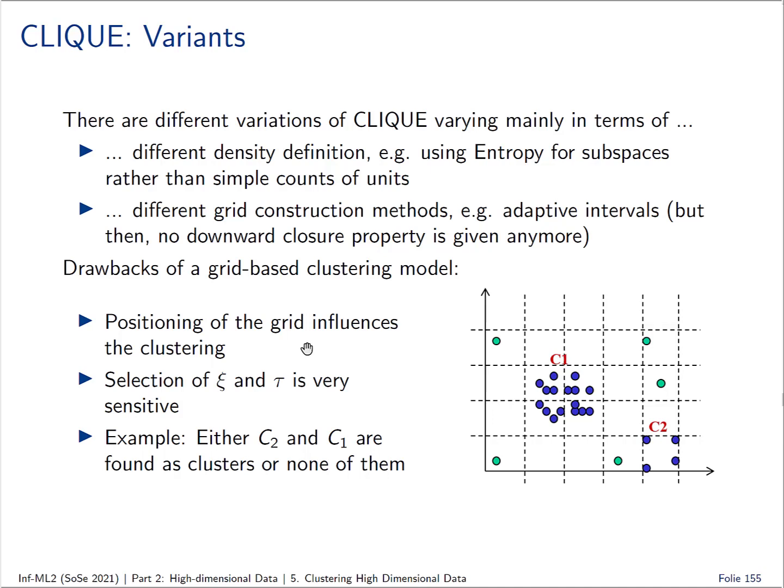grid influences the clustering. So here, for example, it is sometimes very hard to find a suitable threshold tau such that the grid cells here are all dense, but this one here is not dense, because this one here is probably not a cluster, but this one here is a cluster. And of course we have to set tau for the given xi.